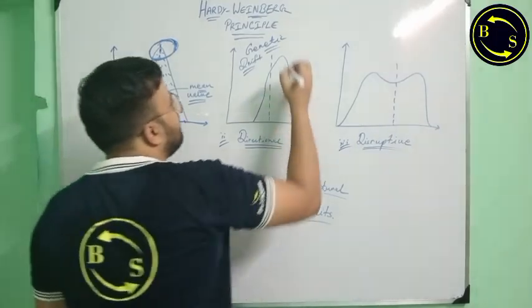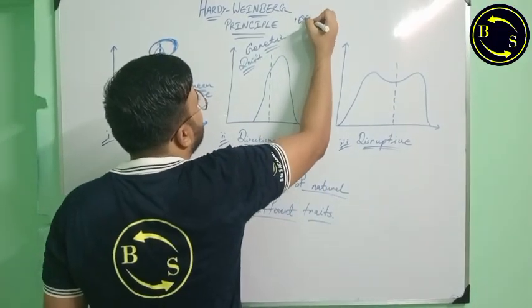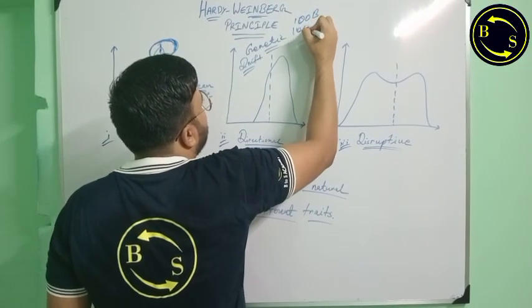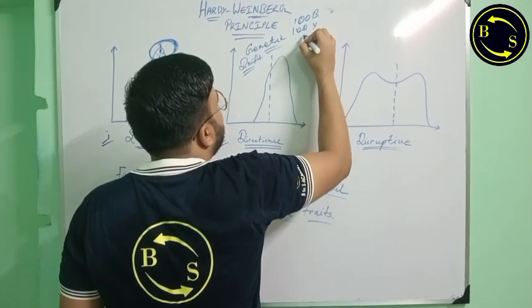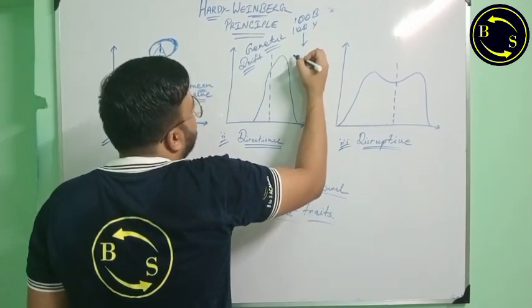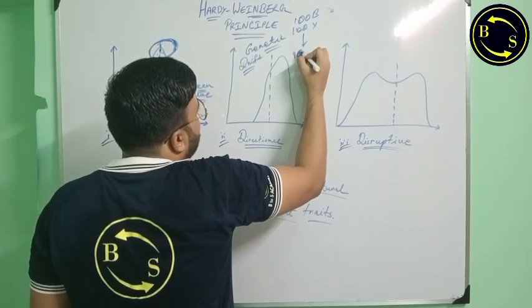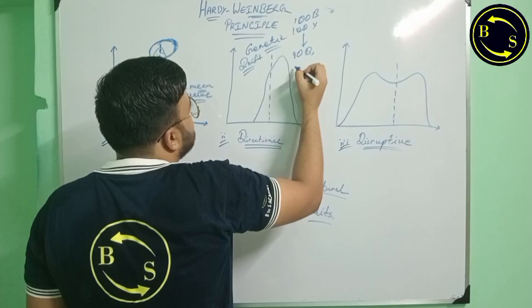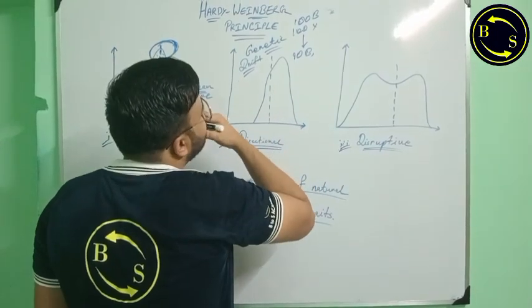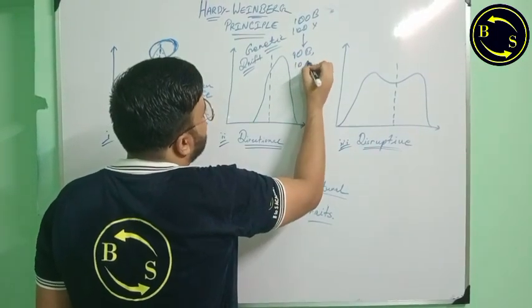Say earlier there were 100 blues and 100 yellows, but now due to some accident or some calamity, there are 90 blues and only say 10 yellows.